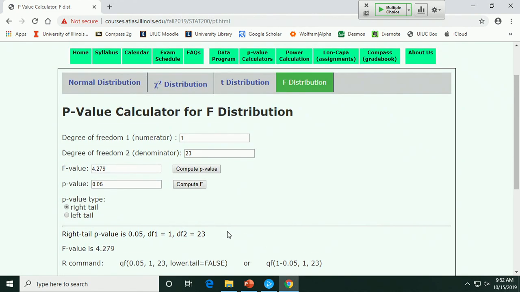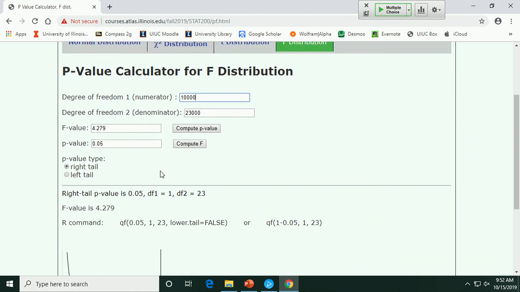Now this F curve starts getting symmetrical when you have really large n. Let's add a few zeros here, and now it looks very symmetrical. If you compute the middle, it's going to be about 1, with 50% on either side.